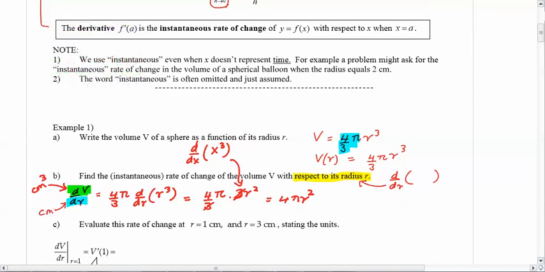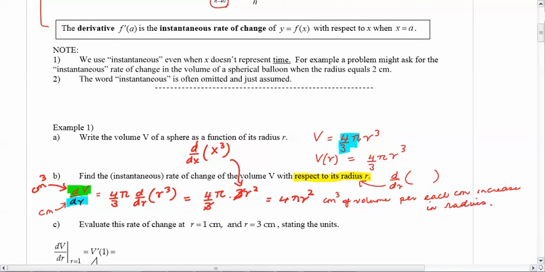So my units are actually going to be, it's a little bit strange, cubic centimeters of volume per each centimeter increase in radius.